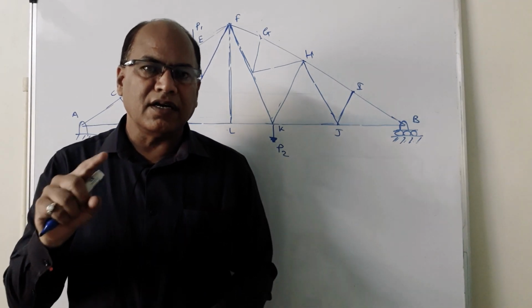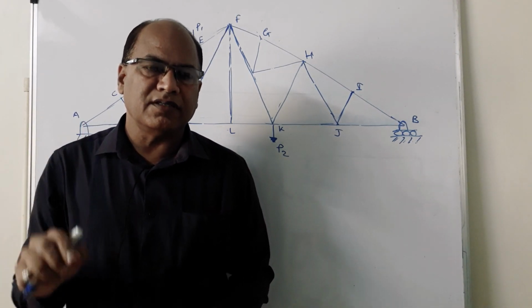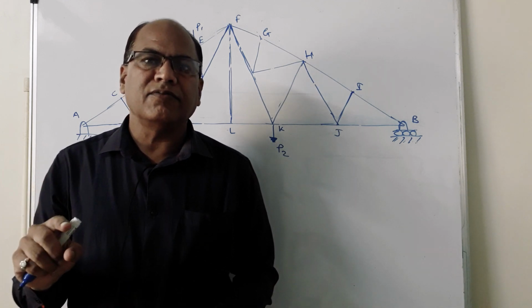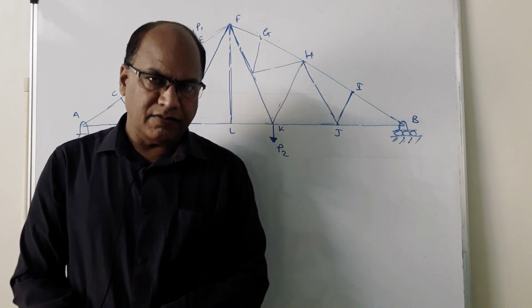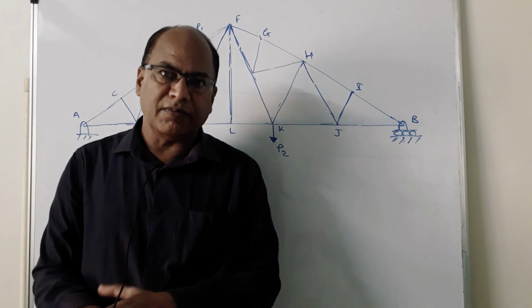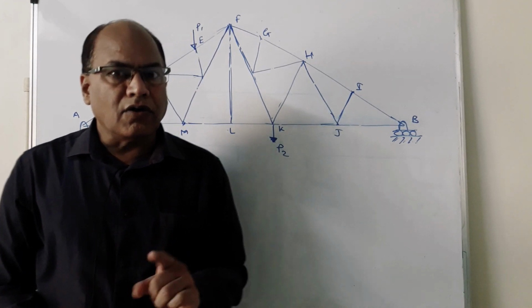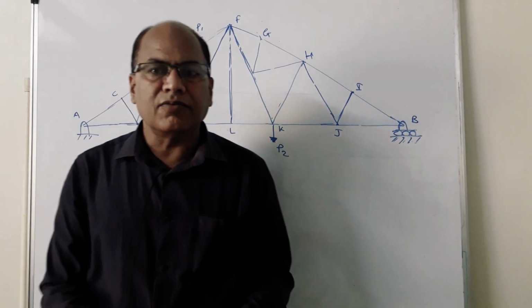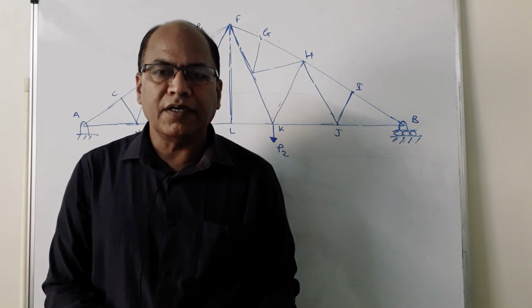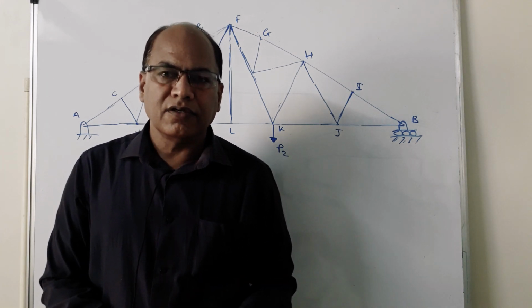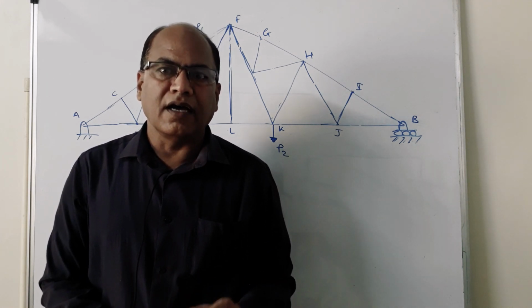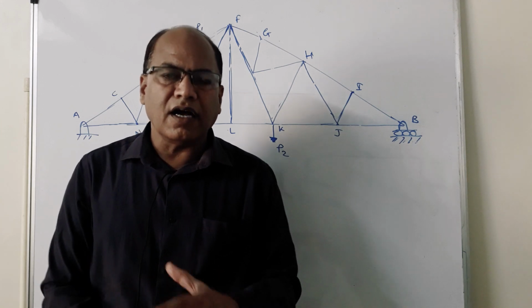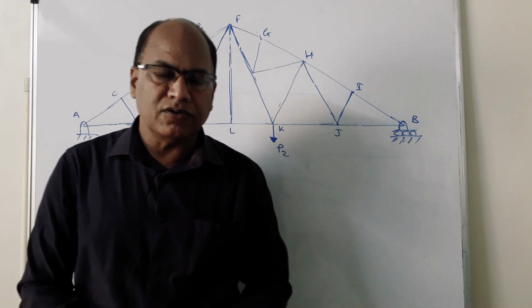The first thumb rule is related to a joint where two members are meeting, whereas the second thumb rule is related to the joint where three members are meeting. The common condition for both these thumb rules is that there should not be any external force or reaction acting at that joint.